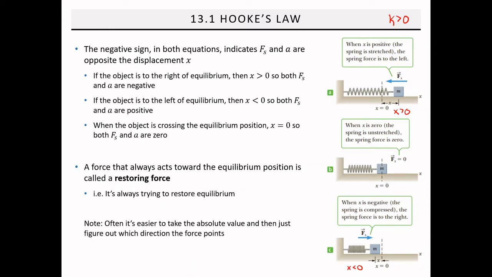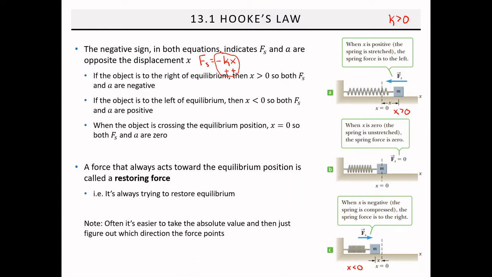Now, Hooke's law says that Fs is equal to minus k times x. So in the top picture, when x is positive, we have a positive number times k, which is a positive number, times a negative sign. That tells us that the right side of this equation here is a negative number.